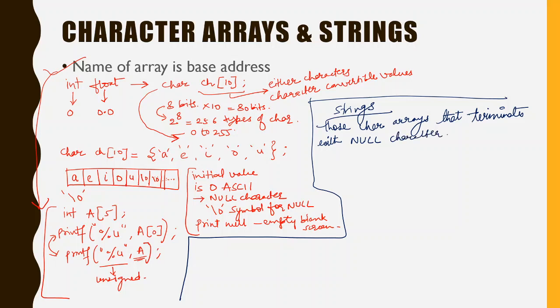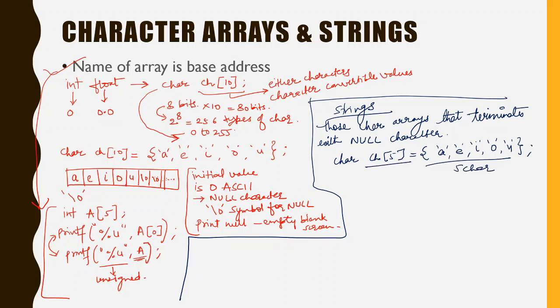I'm giving you an example. Suppose I have this array of 5 characters: a, e, i, o and u. These are the 5 characters and the space was for 5 characters.